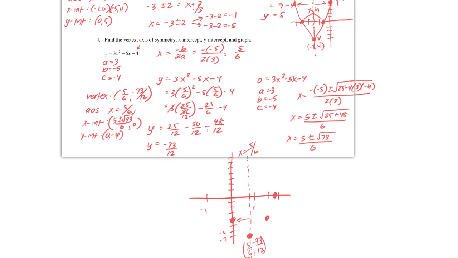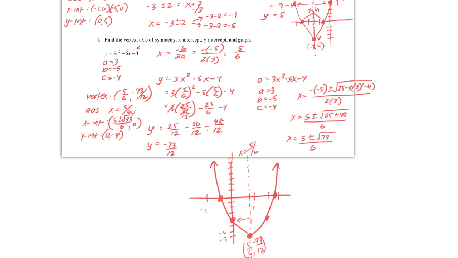And if I subtract that, 5 minus 8.5 is about -3.5. Divided by 6, it's going to be about a half, or -1/2. So it's going to be somewhere around there. When your x-intercepts are these weird numbers, it's going to be hard to be accurate. If you can just get an idea of what numbers it's between, that would be enough.